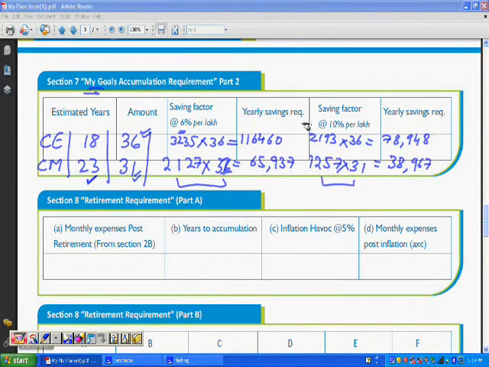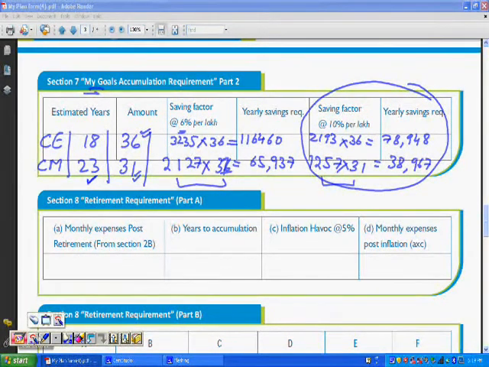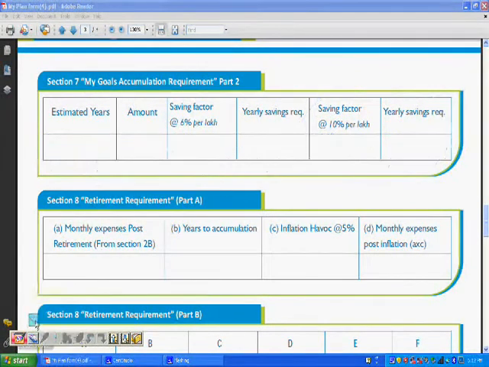So assuming that you're able to get some kind of investment where you get returns of around 10%, this is the figure that you need to look at. Right, so we'll just concentrate on the 10% figure, and we'll write it down again. The figures are 78,948 for your child's education and 38,967 for your child's marriage. So this gives you an idea of how much you need to save.